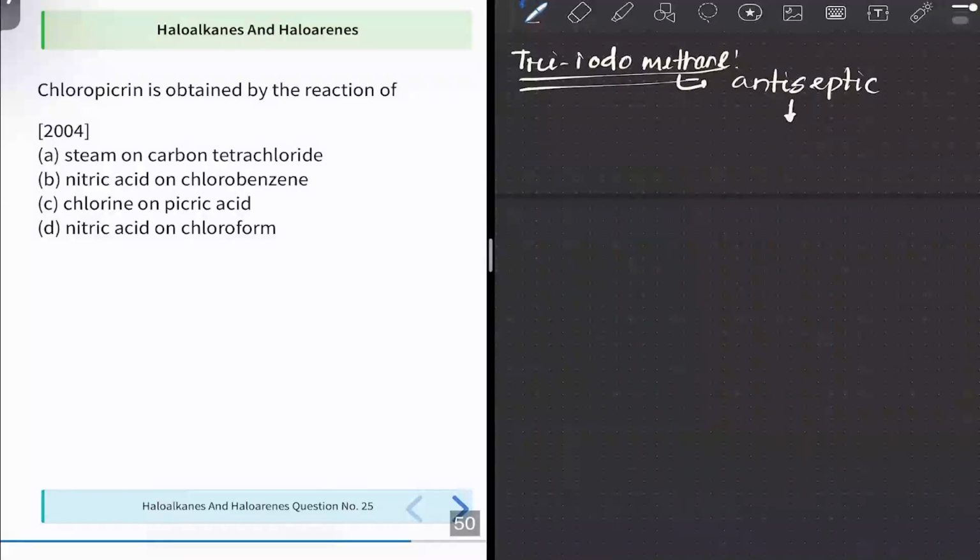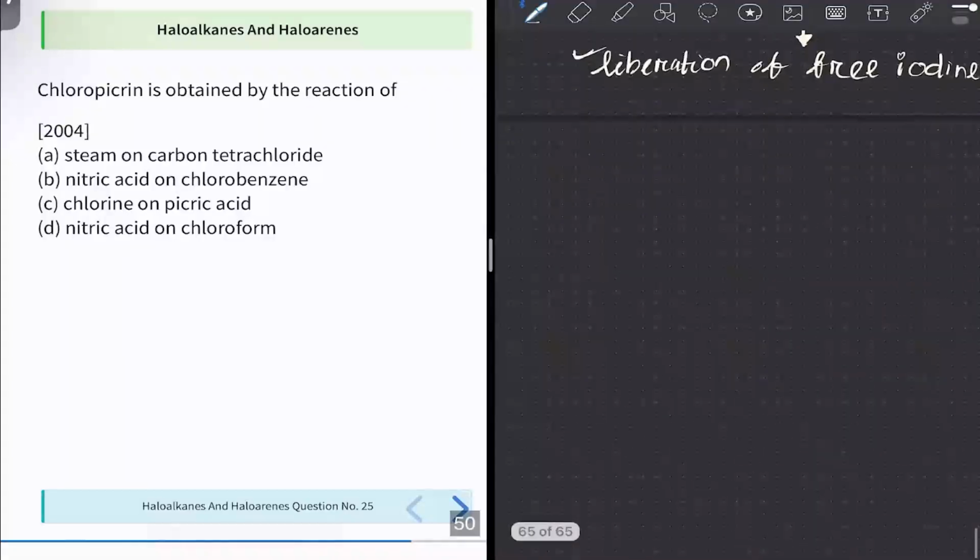The antiseptic property of this compound is because of the liberation of free iodine, not because of the whole triiodomethane compound. Iodine is the element which is giving antiseptic property to triiodomethane.